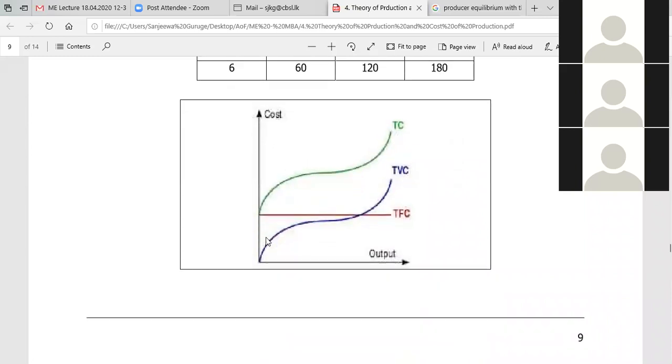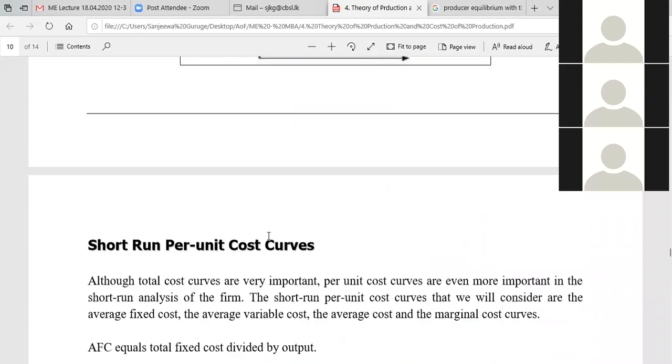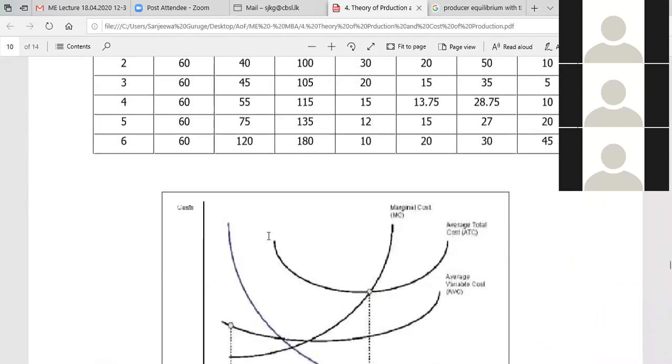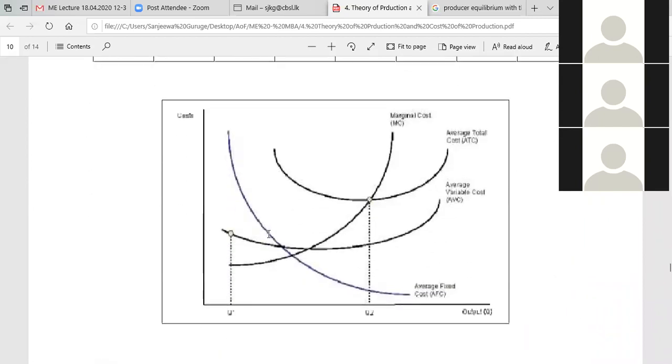In this note I have also given the total cost curves and the per unit cost curves. When you analyze these per unit cost curves, you will get a graph with a set of curves like this. This relationship we have to use in all the market structures to identify the profit maximizing point.